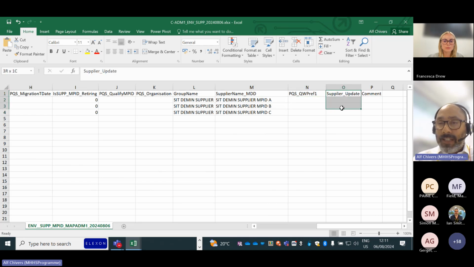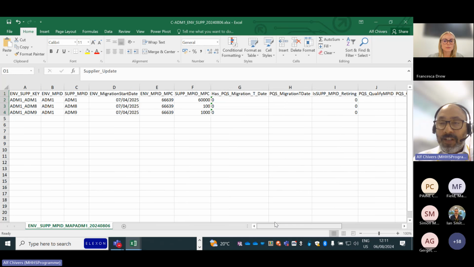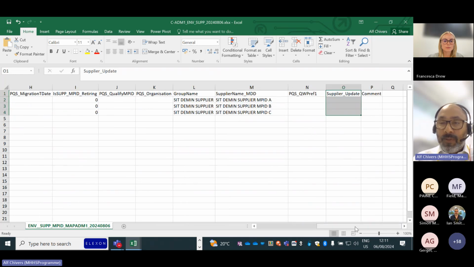And the call to action here is just the final column, which is if you perceive that there are any changes or any variations to this data that we've provided at this level, just say there's an update and comment as to why that update is required.